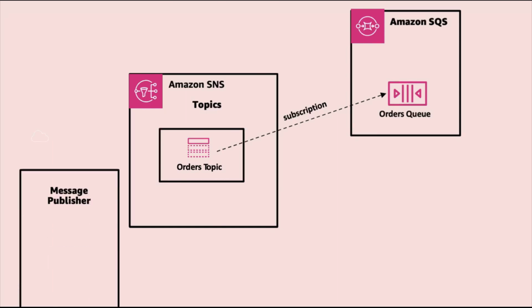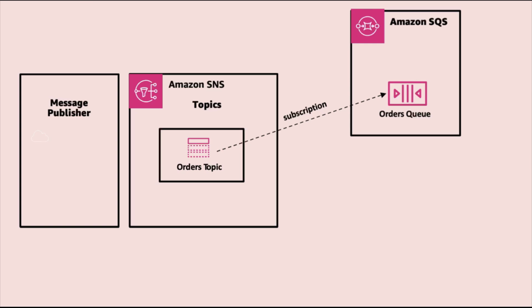Now we will first send a test message, which is called publishing a message, through the AWS CLI to the orders topic, and this message will be delivered to all the subscribers, but in this case there is only one subscriber, which is the orders queue. This is what we'll be demonstrating in the lab.